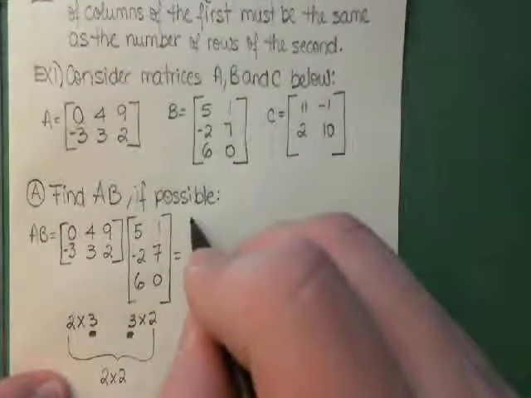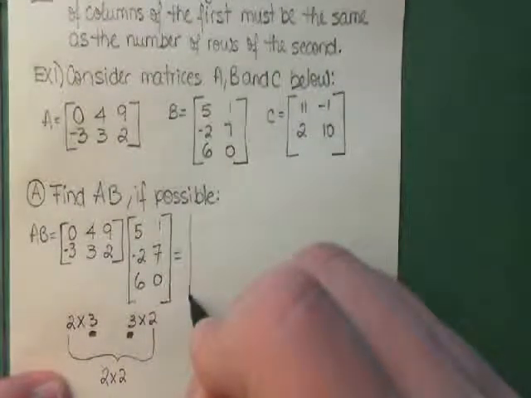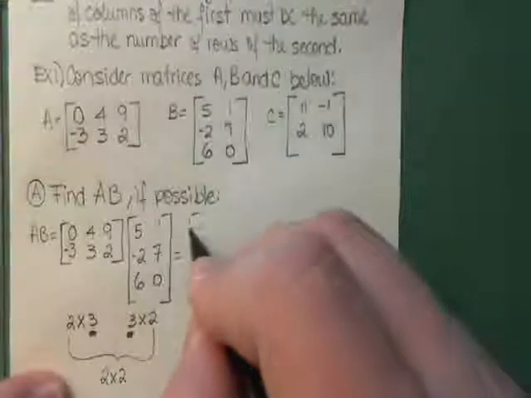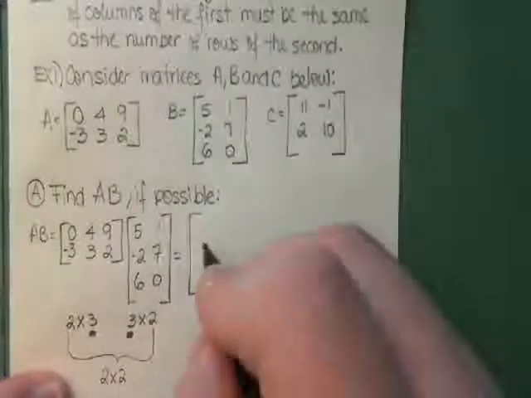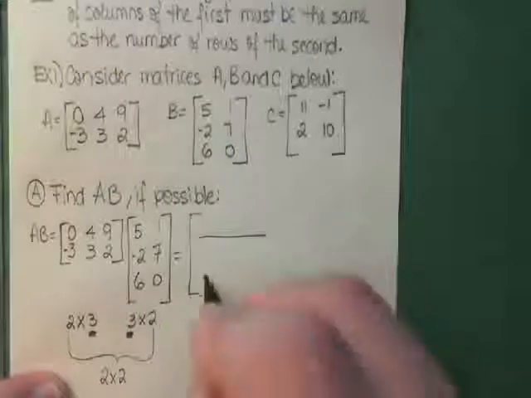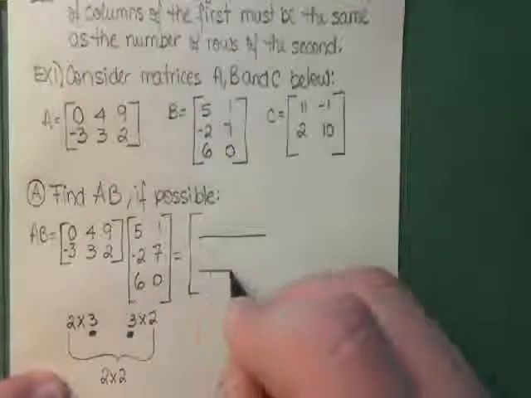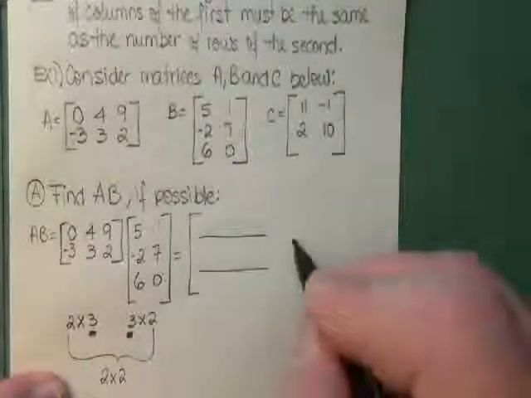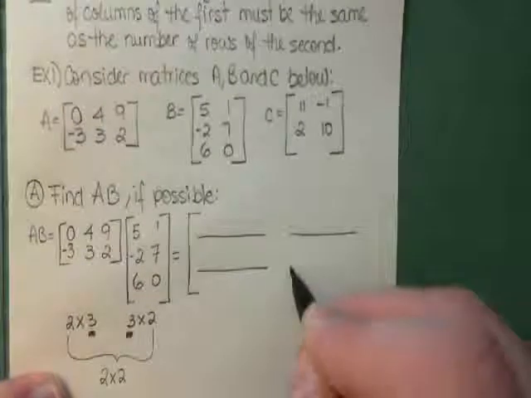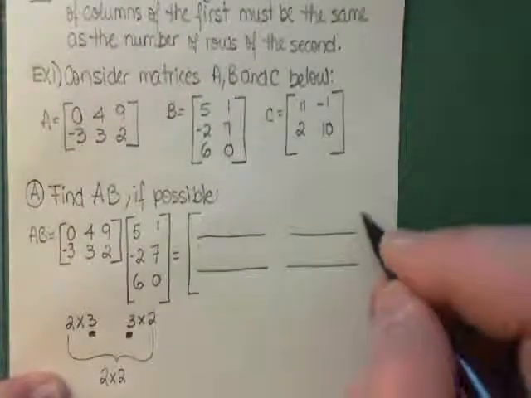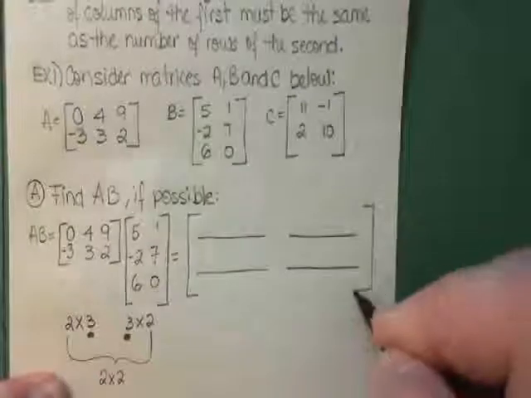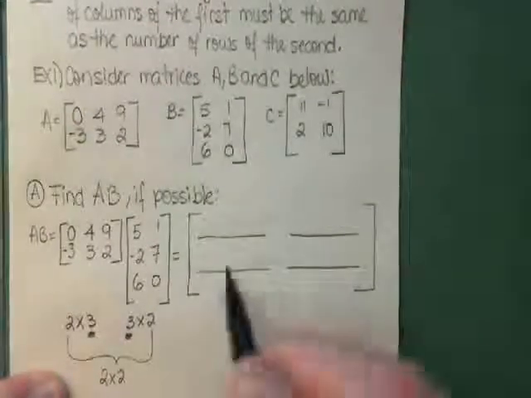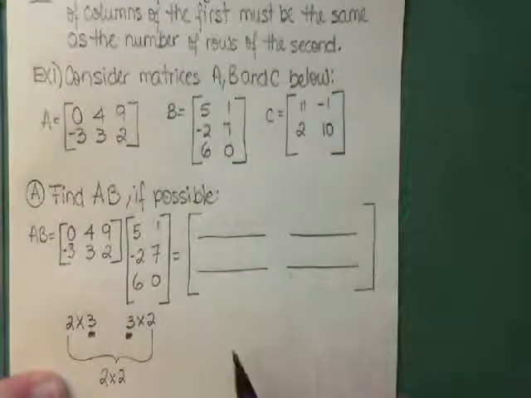Basically, you're going to write the space for a 2 by 2 matrix. Just draw two rows and 2 columns. I'm preparing my working space here, a 2 by 2 matrix.